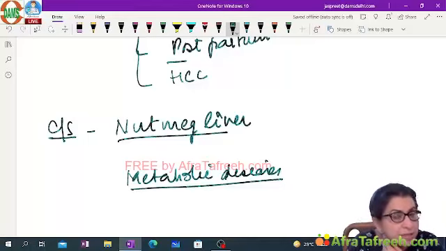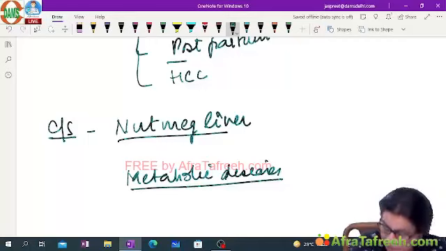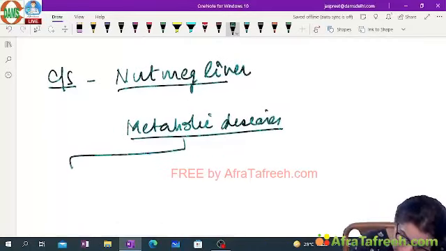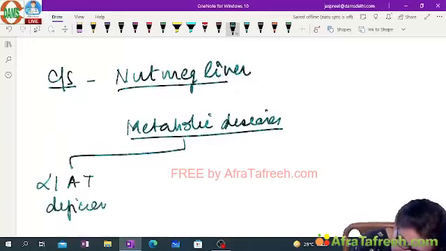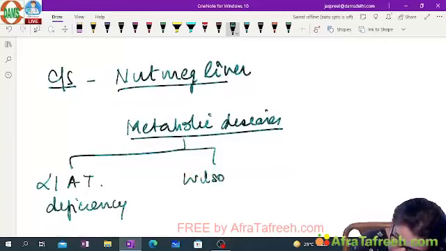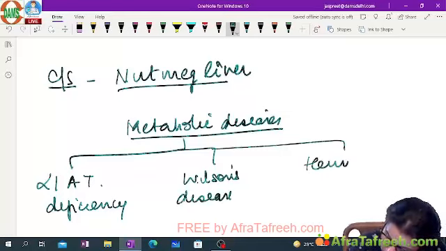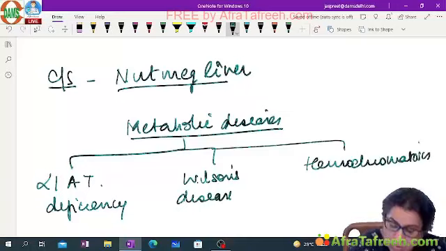Number two, Wilson's disease. And number three, hemochromatosis.